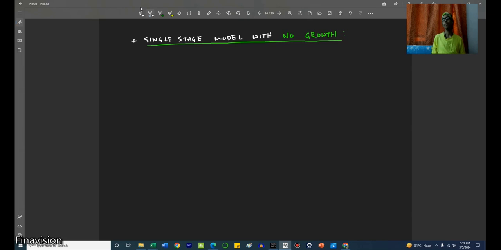Friends, what if there was no growth? That is, for perpetuity you are getting the same dividend. How to calculate that? V0 is equal to D0. We already know the formula, right? D0 into 1 plus G divided by R minus G. Here the difference is G is equal to 0, that is, there is no growth.